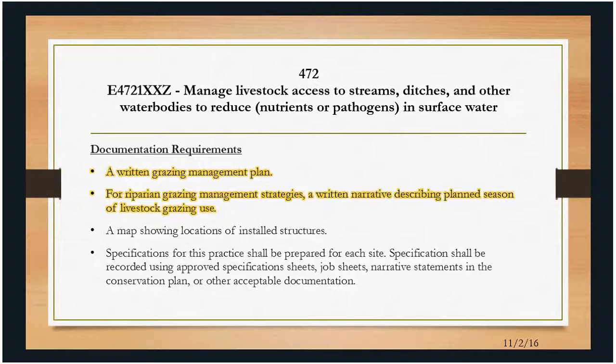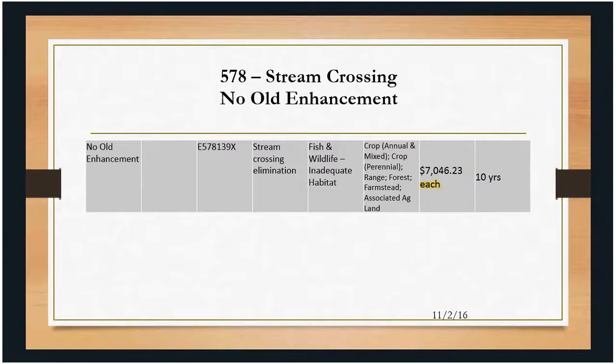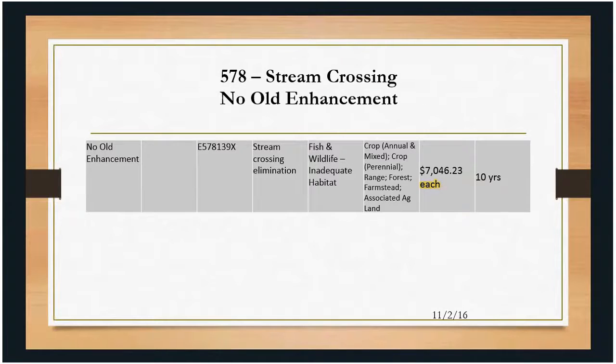All right, moving on. 578 stream crossing. I had to go read the standard on this practice. I wasn't real familiar with it, and the way they've used it here is weird. But there's no old enhancement.